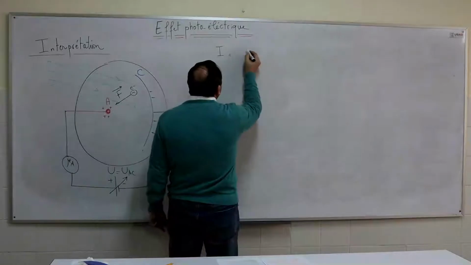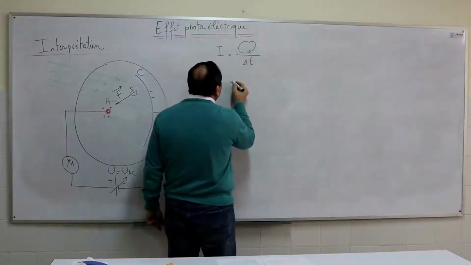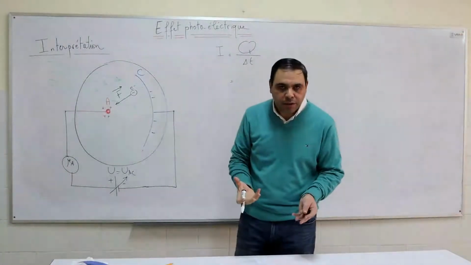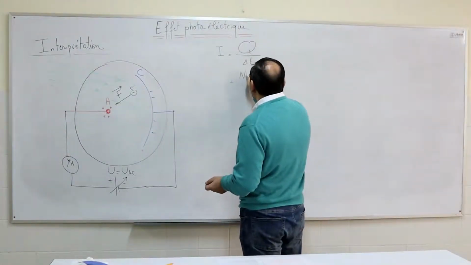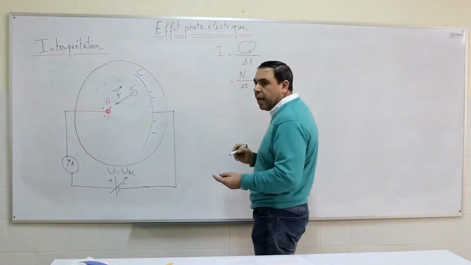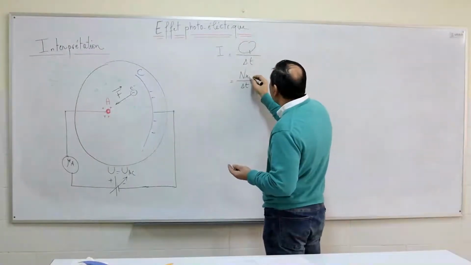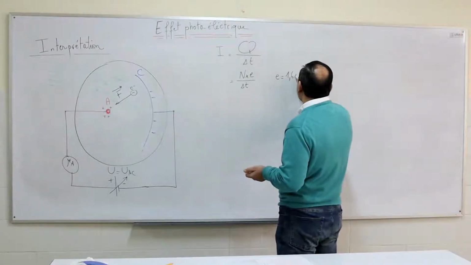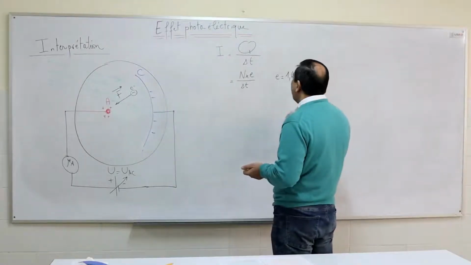On the other hand, we know that the current is the amount of charge flowing per unit time. In this case, the charge is carried by the captured electrons. For example, let's designate by n the number of electrons that reach the anode over a certain duration delta t, and the charge of an electron is e, where e is equal to 1.6 times 10 exponent minus 19 coulombs, the elementary charge.